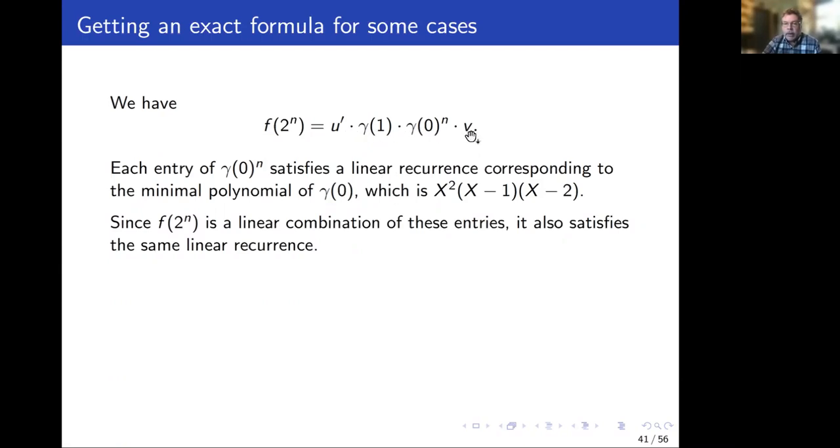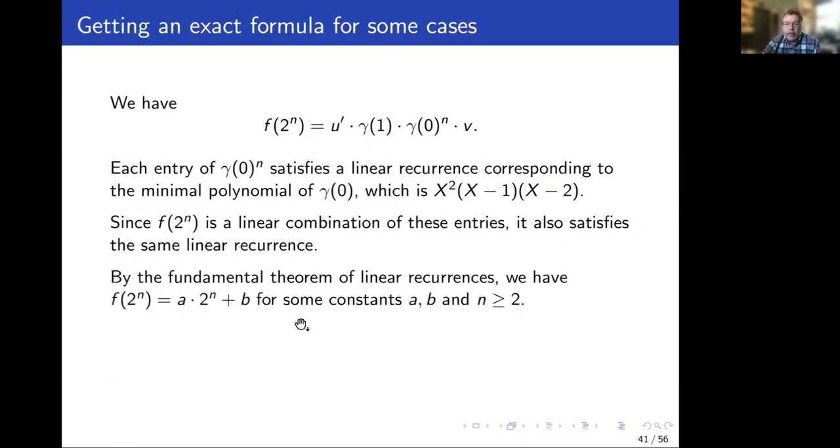This is a linear combination of these entries. And so it's going to satisfy this linear recurrence too. And then by the fundamental theorem of linear recurrences, f of 2 to the n then is going to be some constant times 1 to the n plus some constant times 2 to the n.